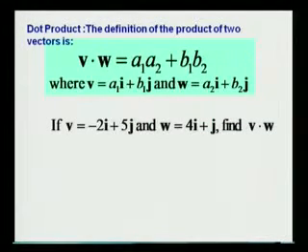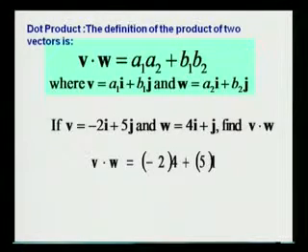So let us look at a small example to understand this formula. If v is equal to minus 2i plus 5j and w is equal to 4i plus j, and we want to find v dot w, then v dot w is equal to minus 2 into 4, which are the coefficients of i, plus 5 into 1, which are the coefficients of j in v and w.